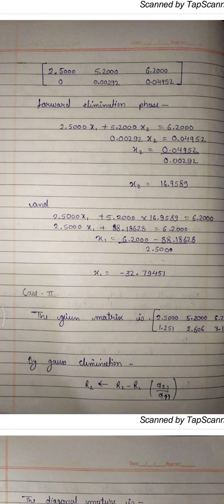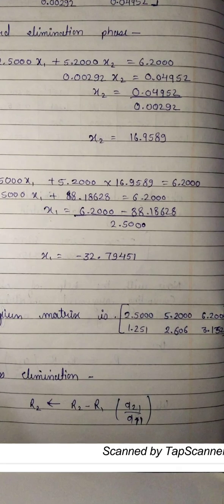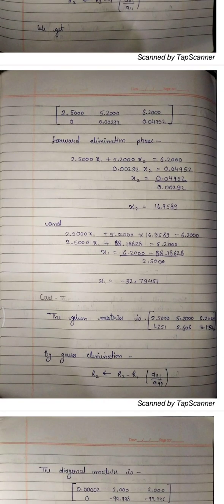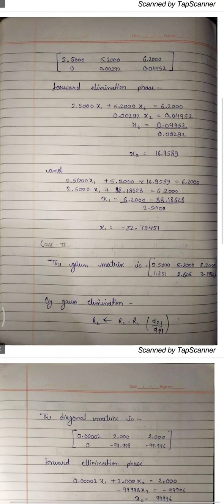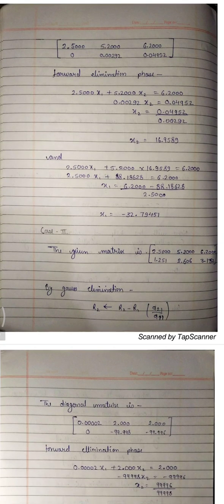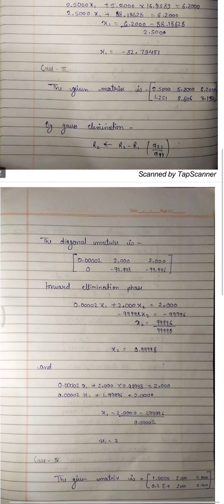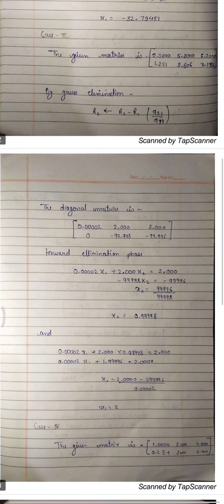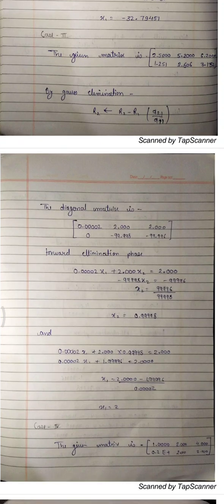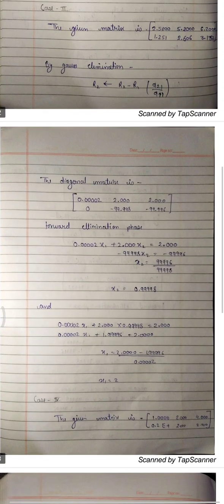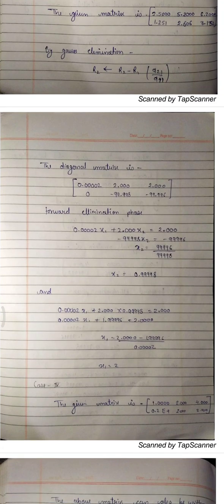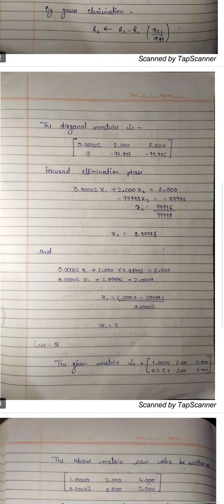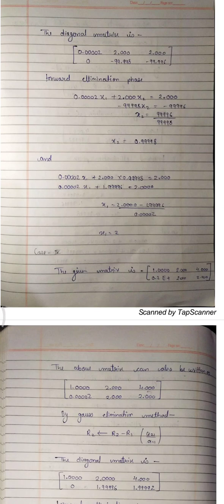In case 2, we have this matrix, and we have to convert it first into an augmented matrix and then into a diagonal matrix. After converting it, we'll use the forward elimination phase, and by this we'll get the values of x2 and x1. Then we'll jump on to case 4.